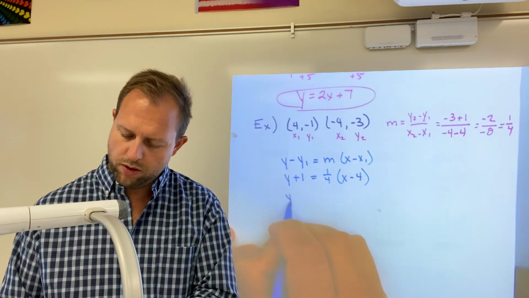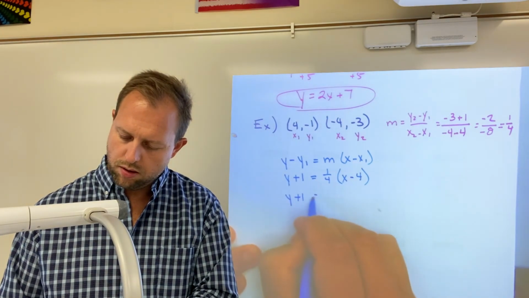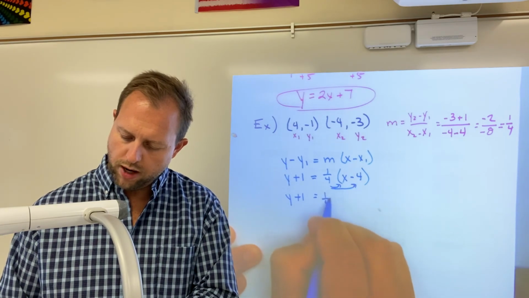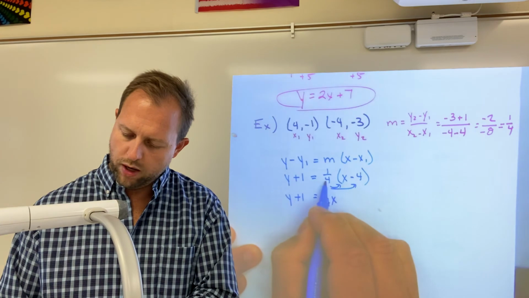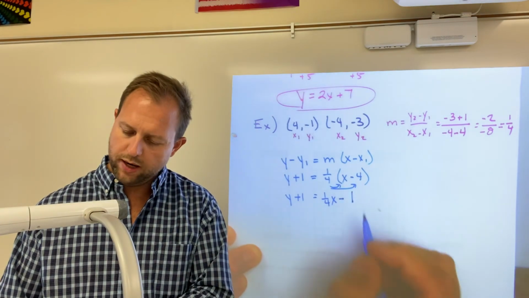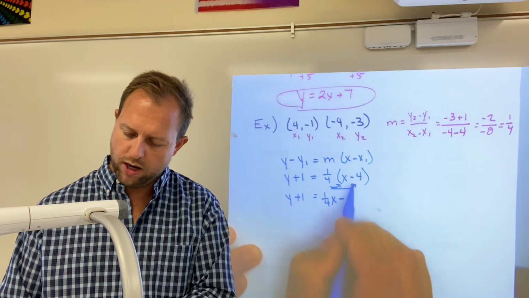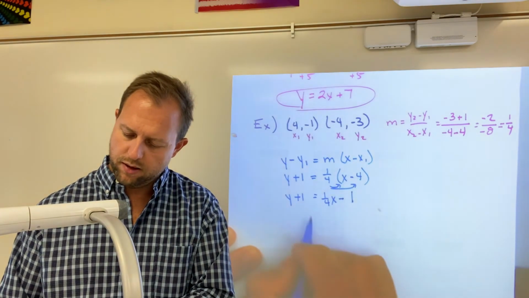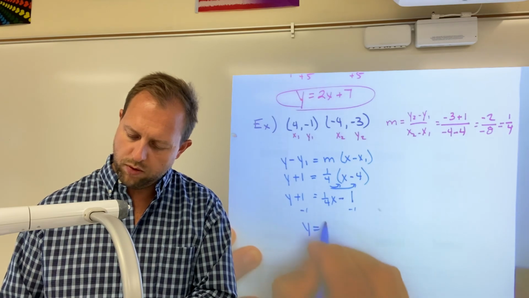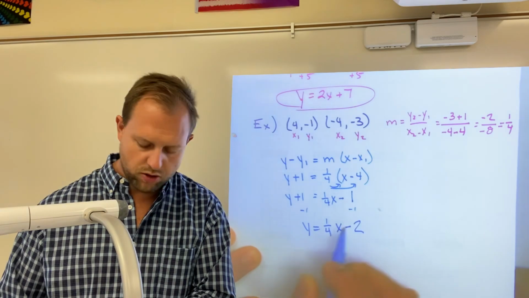When we distribute, you get 1/4 x, and 1/4 times -4 is -1. 4 divided by 4 is 1, and we need the negative sign. And then we can subtract the 1 from both sides. y equals 1/4 x minus 2.